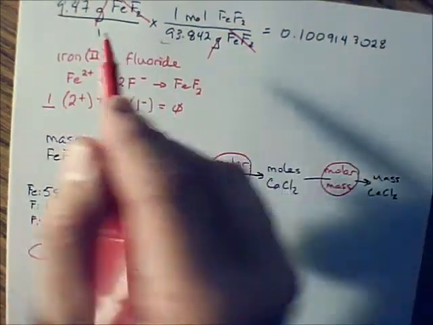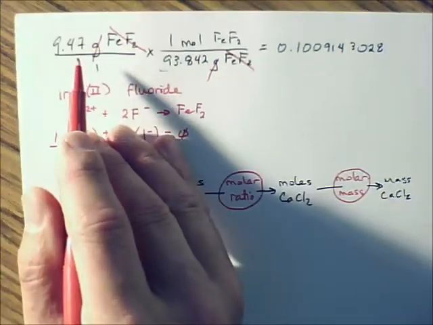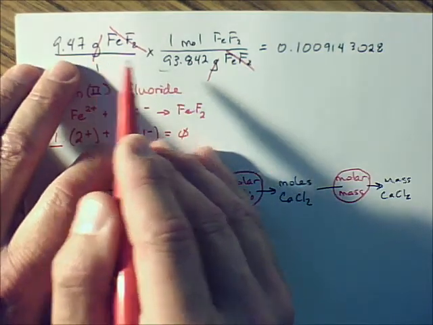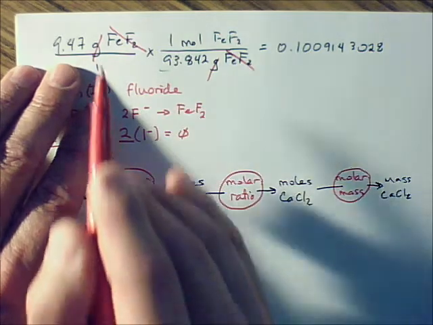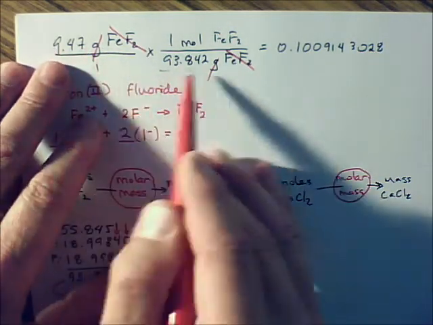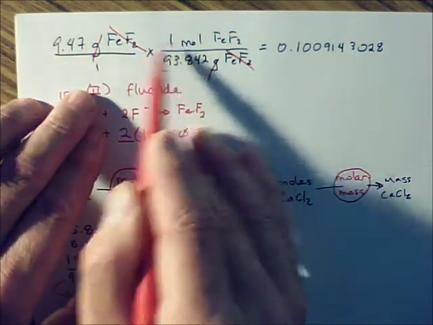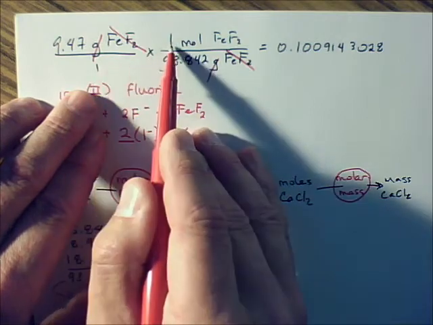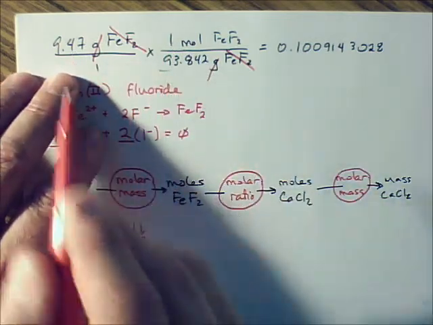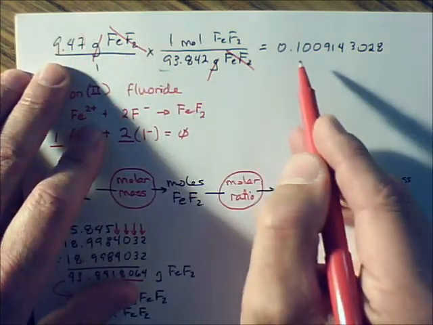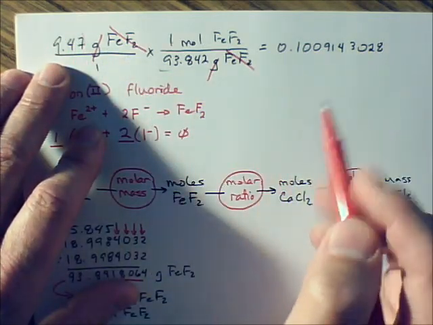Okay? All right, so we've got 3 digits in our first number, and when we're doing rounding of multiplication and division problems like this, we look at only the measured numbers and the calculated numbers, not at these counted numbers here and here. Only the measured and calculated numbers, and then choose the number that has the least digits. That's this one, and make your final answer match that number of digits.